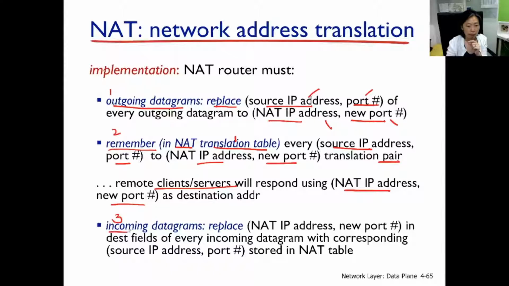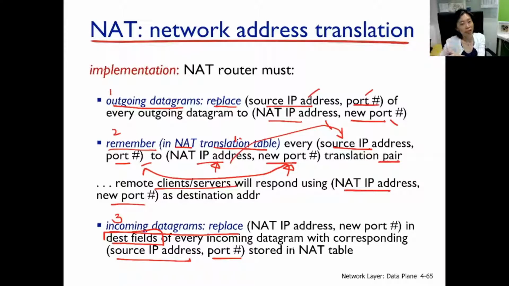So that packet coming into the local NAT, the NAT box is going to look up the table and find the pair, matching this IP address and this new port number, and therefore translate the IP address back to the corresponding source IP address, and translate the port number to the corresponding original source port number. And therefore, you see the destination fields are going to be replaced by the original IP and the original port number. And that packet then will travel the local network and reach the destination.